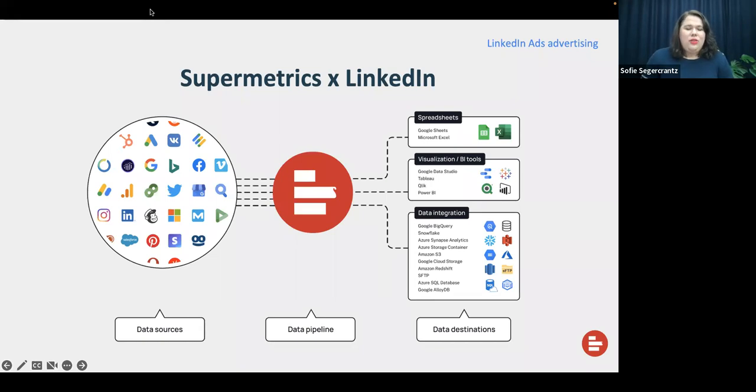So we have both the LinkedIn Ads connector and the LinkedIn Public Pages connector, which brings in your organic or social media metrics as well as the ad metrics. And then we have over 15 destinations. So whether you want to bring your ad data to a spreadsheet, some kind of visualization or BI tool, or some kind of data warehouse or cloud storage solution, we most likely have what you're looking for. And that's us in a nutshell.